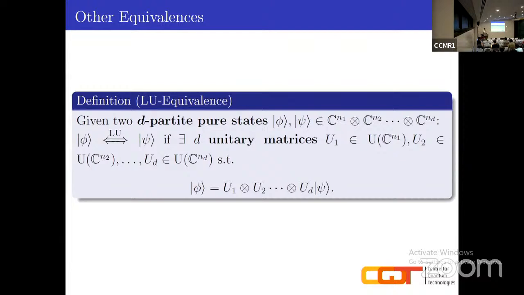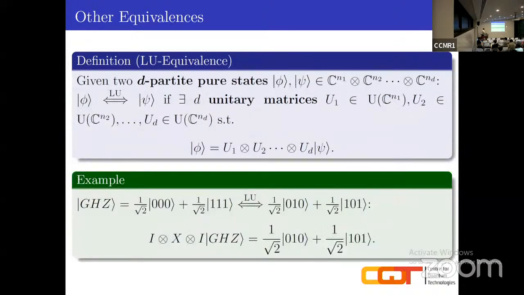If we consider two d-partite pure states, we say that they are LU equivalent as long as we can find d unitary matrices acting locally on psi that send psi to phi. Here is an example for LU equivalence: if we apply the X gate on the second bit of the GHZ state, we can get the second state.